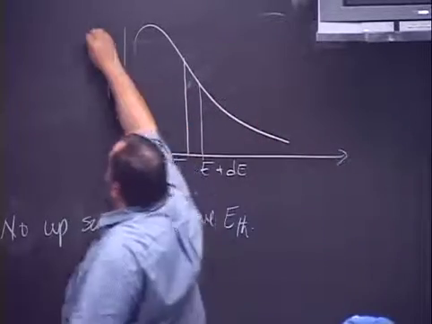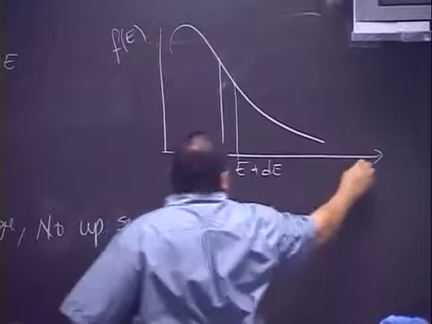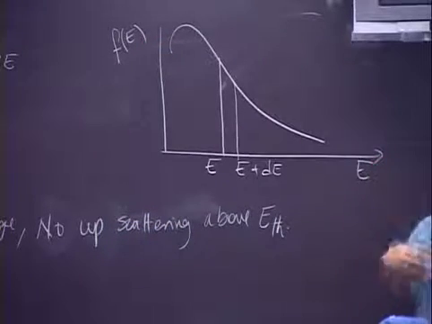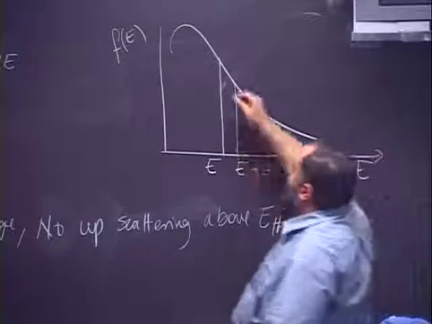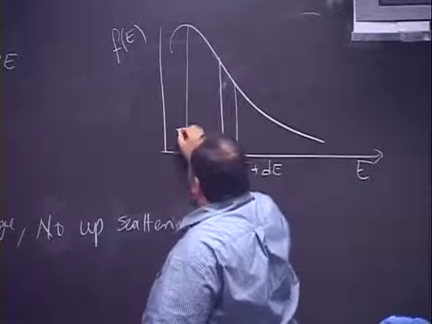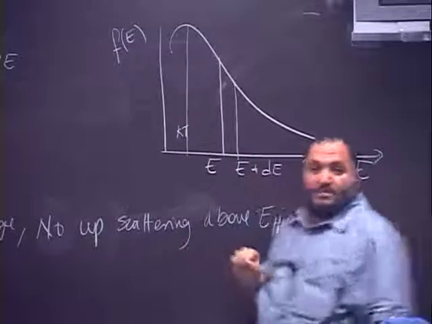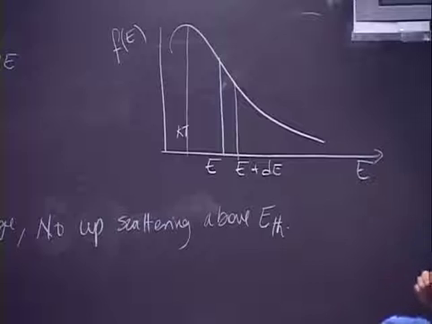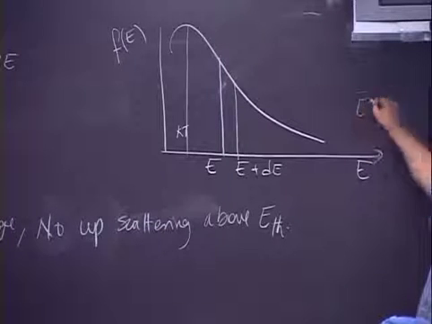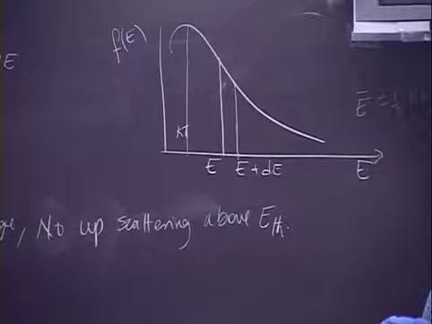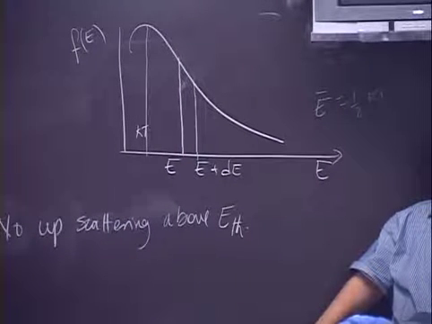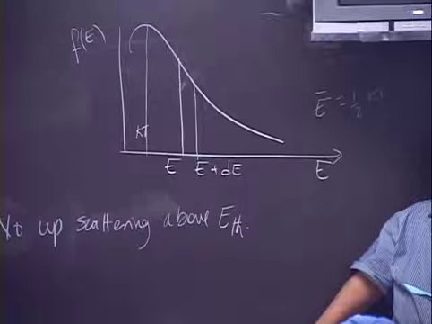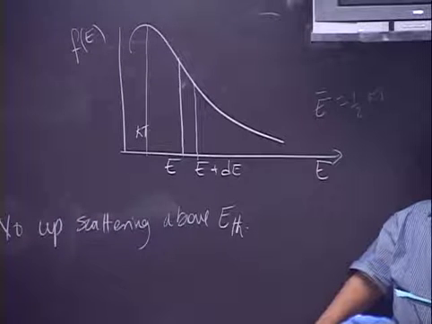Let's assume that this is F of E and this is E. If we look with a binocular at all the molecules in this room, we will notice that the most probable is at energy kT. The energy is kT. Okay, guys? And the average energy is 3/2 kT for a Maxwellian distribution. But what does Maxwellian distribution mean? It means that if we assume the space now is not a physical space, it's energy space.